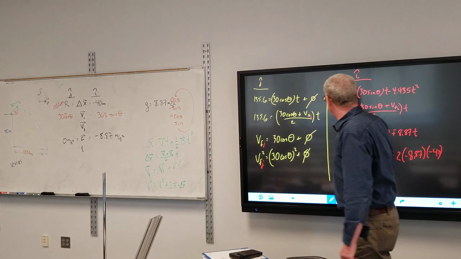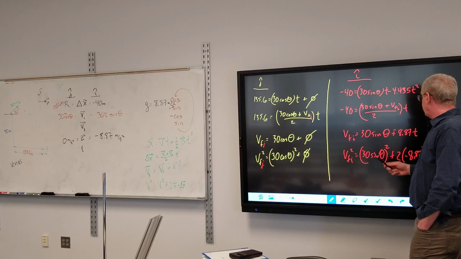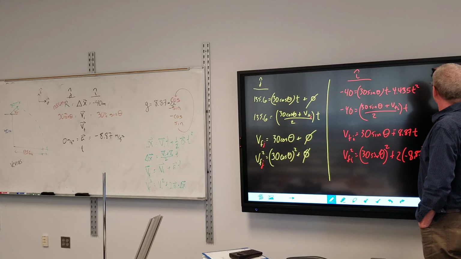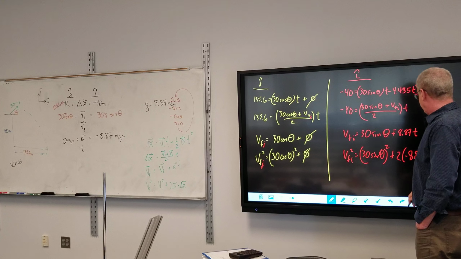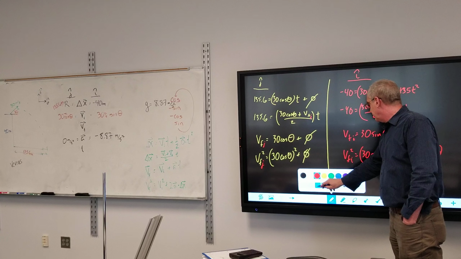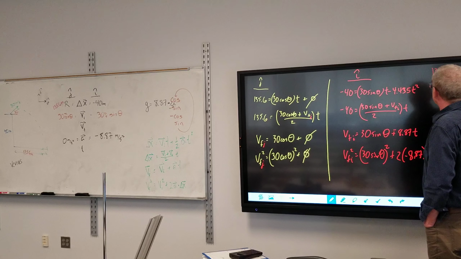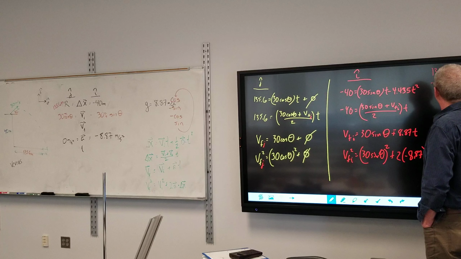Let's see, I'm gonna get rid of most of this and we'll start working out over here. When you write the 2 equations over here, I got 135.6 is equal to 30t cosine theta, and negative 40 is equal to 30t sine theta minus 4.435 t squared.